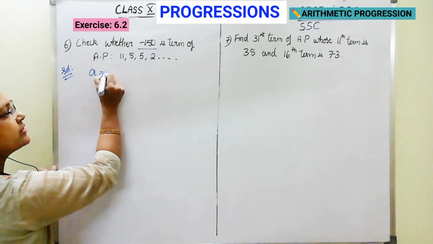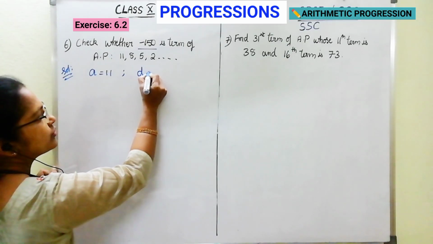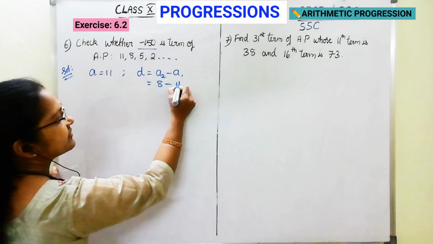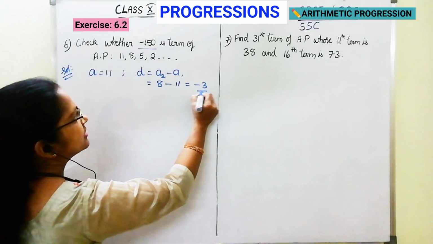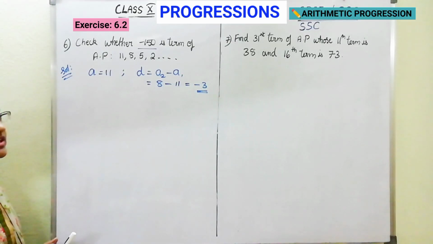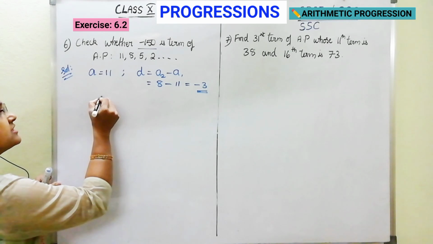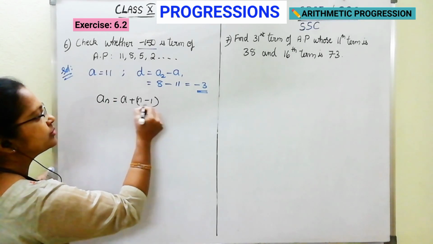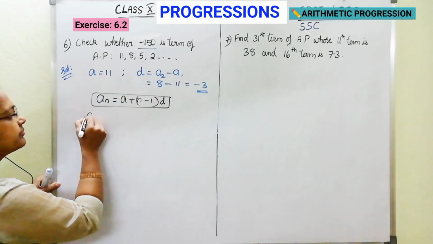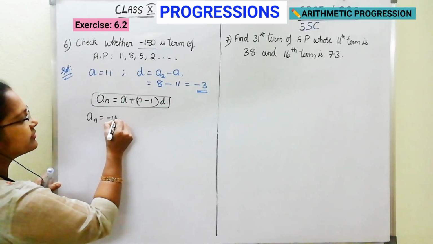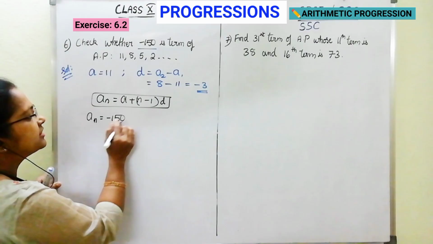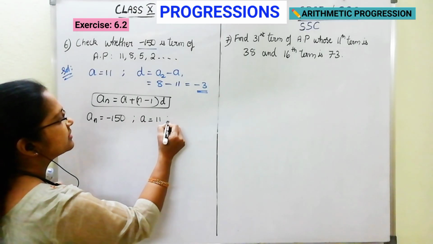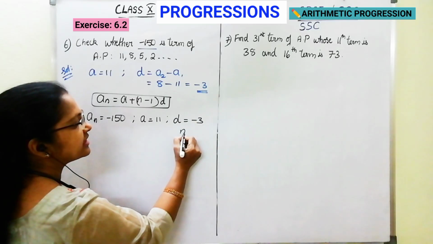The first term A is equal to 11 and D is equal to A2 minus A1. That is 8 minus 11, which is minus 3. This is a decreasing progression, so obviously D will be negative. Now take it as an is equal to a plus n minus 1 into d. When we take the general term, an is equal to minus 150. Just write down the terms here. An is minus 150, a is 11, d is minus 3 and n we need to find.